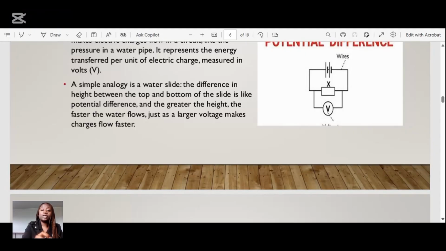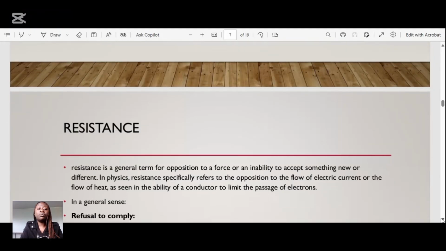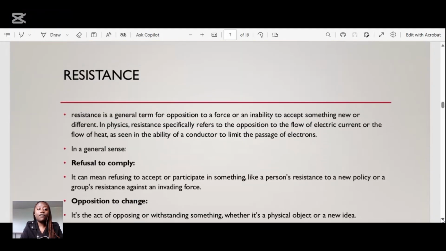When we force something, we push something. The more force we apply, the more that thing will flow. The same way here, with the water on the slide, the higher the height, the faster the water will flow. The same way with electrical current. When the voltage is higher, which is the push, it will flow faster.